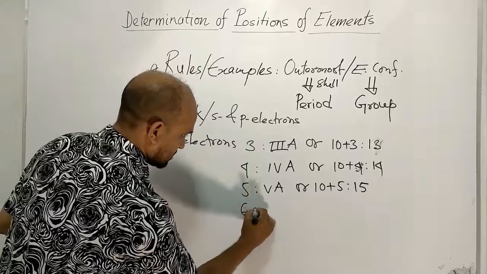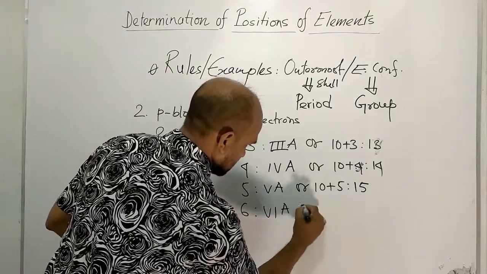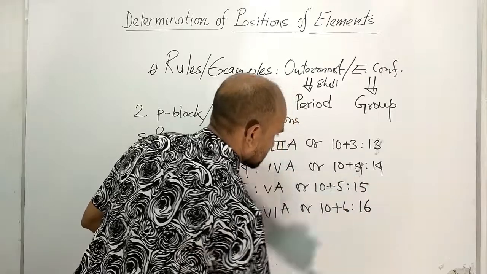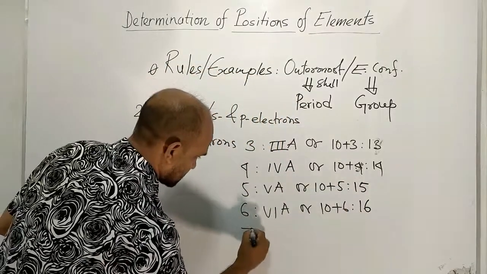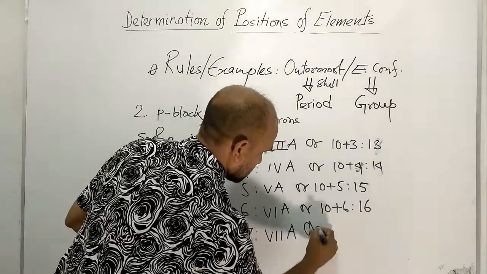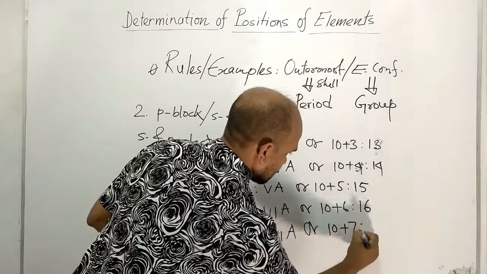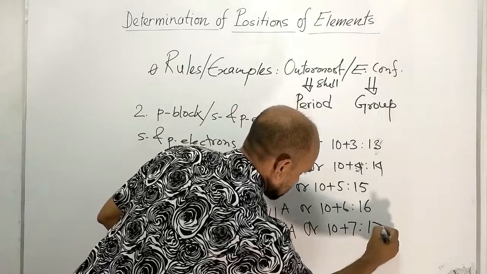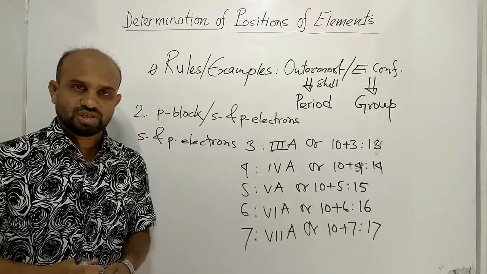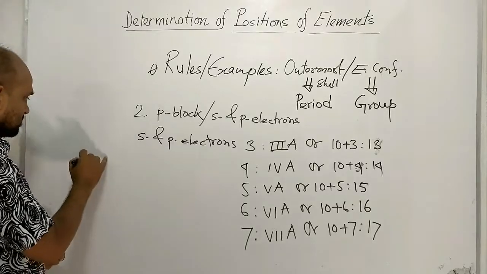If it is 6, then 6A or 10 plus 6, 16. If it is 7, then 7A or 10 plus 7, column number 17.